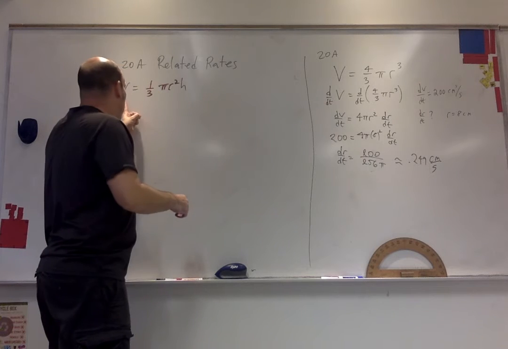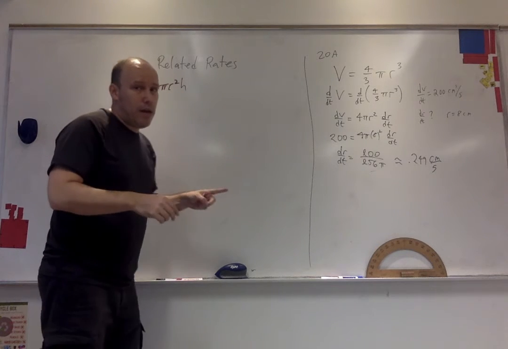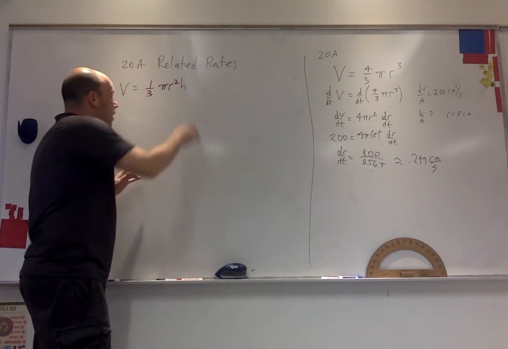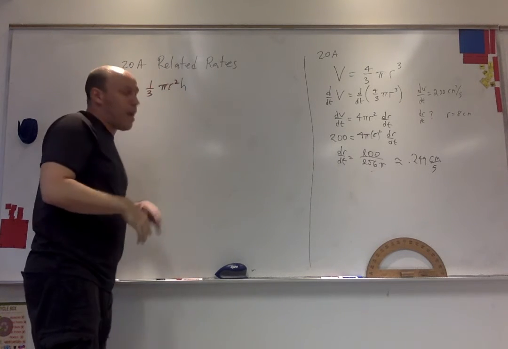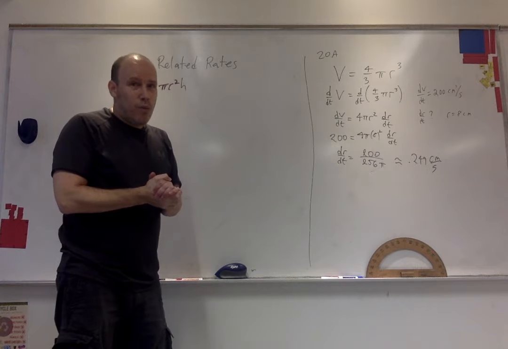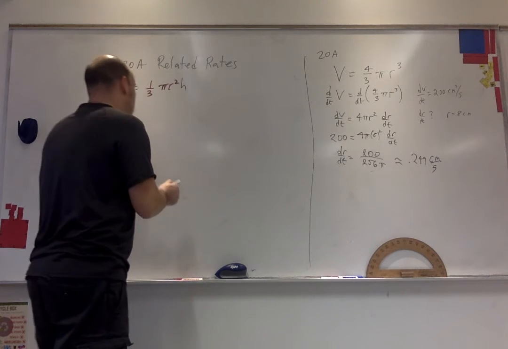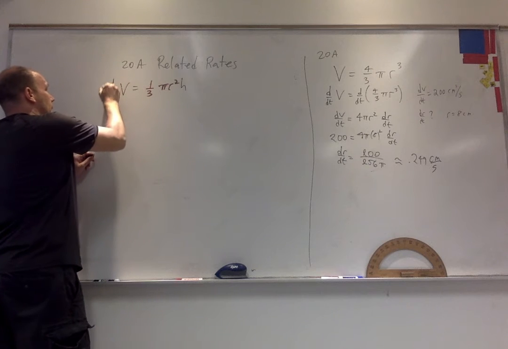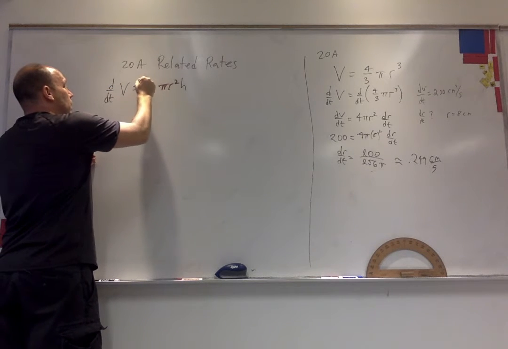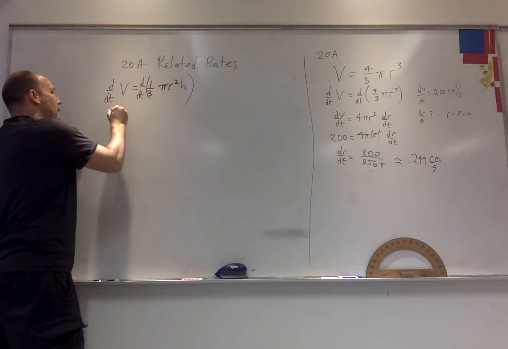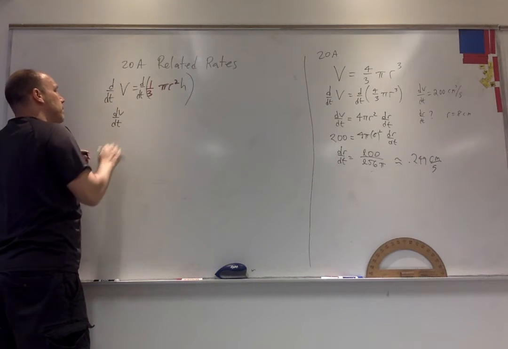Remember, volume, radius, and height are now all functions of time. Also, we have two functions, so when we take the derivative with respect to t, it's going to be the product rule. Very basic. So, once again, I'm taking the derivative with respect to t. On the left, I have dv/dt.